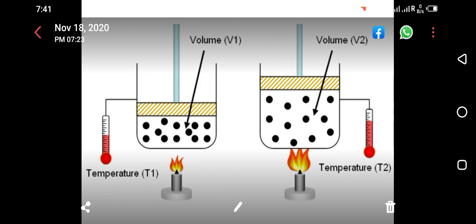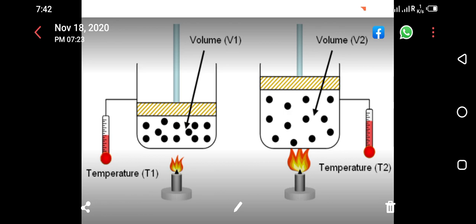These are the explanations of Charles's law. If volume is less and temperature is T1, by increasing temperature the flame size is increased, so volume also increases.